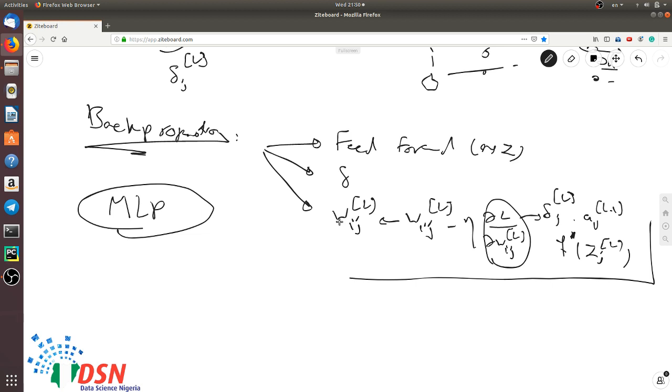But we need to have intuition about backpropagation because we will see that it is important to know some disadvantages maybe of neural networks and some deficiencies of neural networks that we want to solve in next sessions.